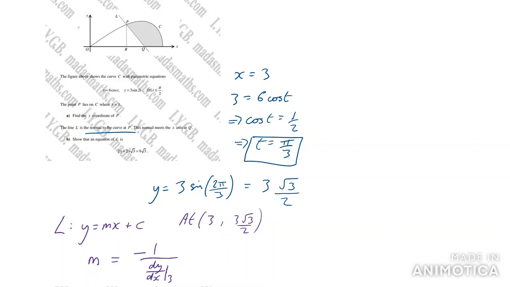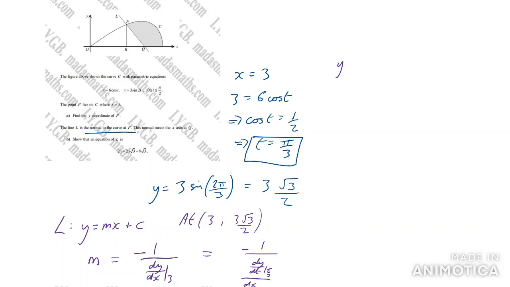But this is in parametrics, so how do we get dy dx for parametrics? Well, that's just dy dt over dx dt, so minus 1 over dy dt over dx dt, but we're evaluating it at the point x equals 3, which in terms of t is at the point where t is pi by 3.